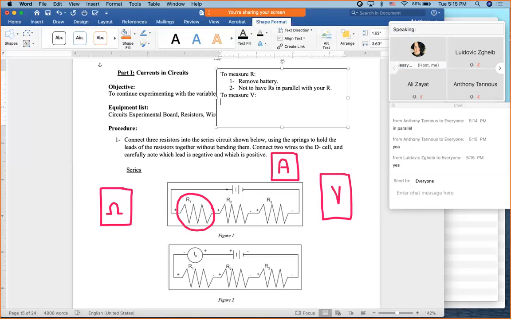Of course, we're going to keep them. So I'm going to say construct the circuit, make sure it is closed, and plug the voltmeter in parallel.